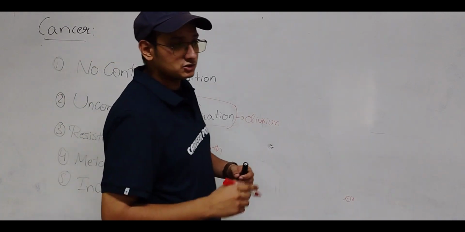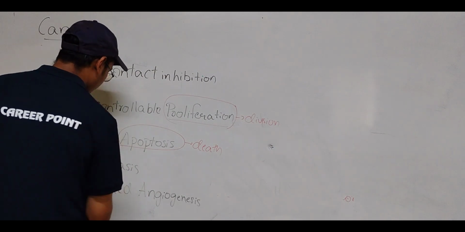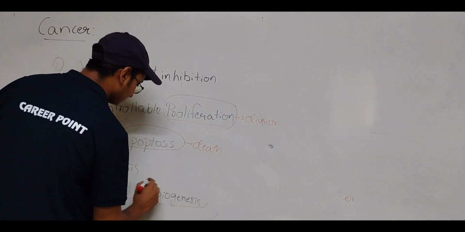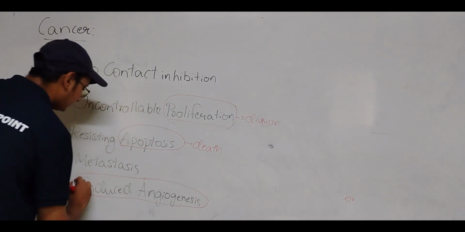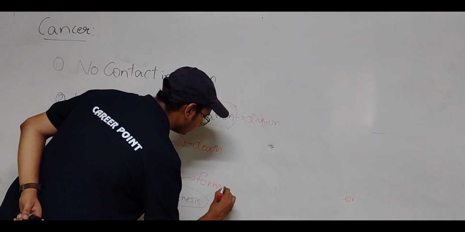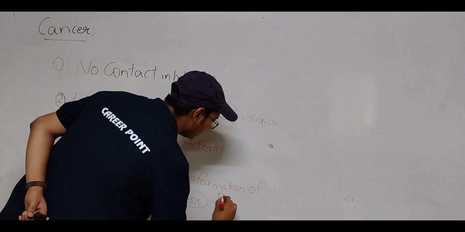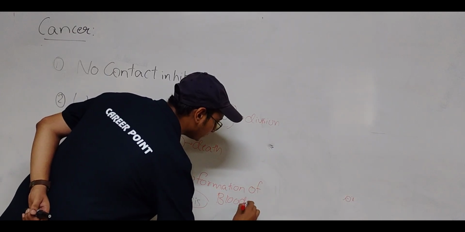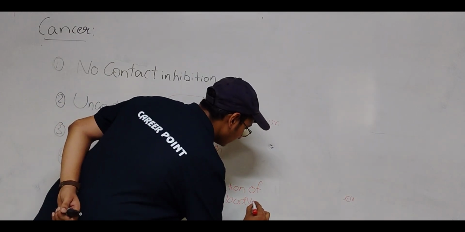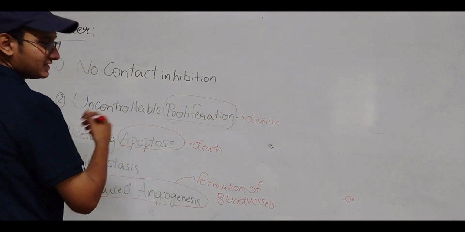So now they need some blood vessels. So these blood vessels are useful in transportation of waste materials, oxygen and food.